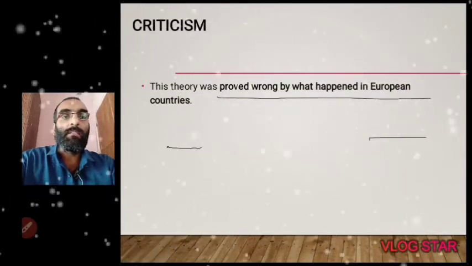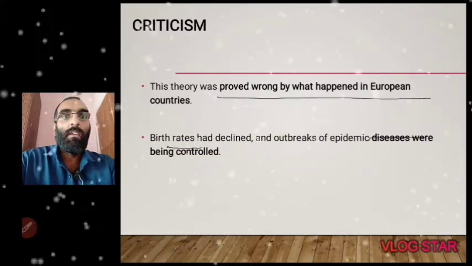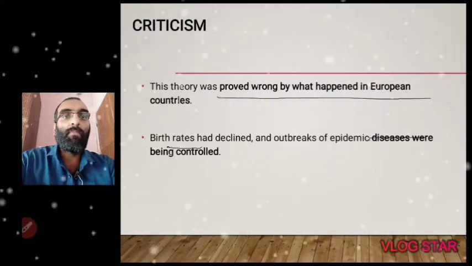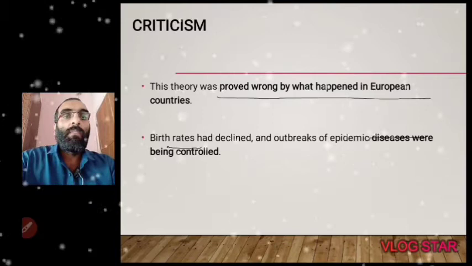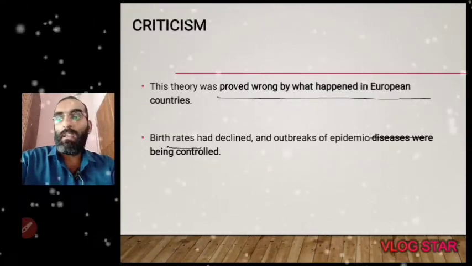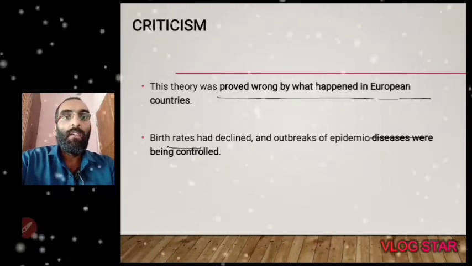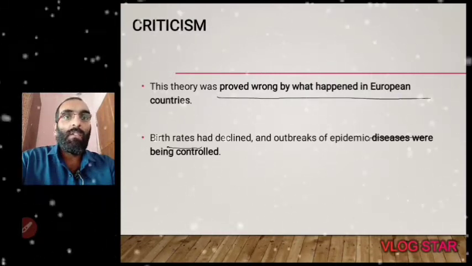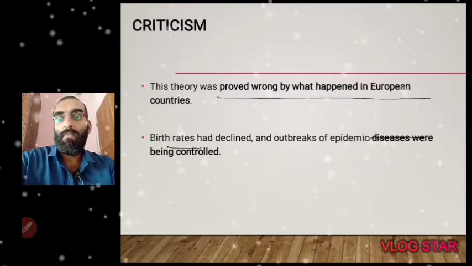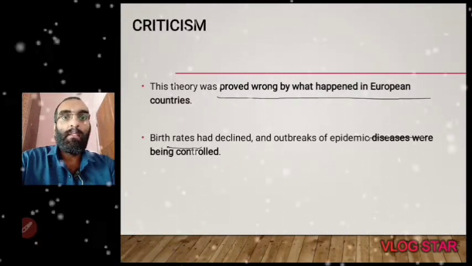Criticism against this theory: it was proved wrong by what happened in European countries. Many European thinkers and social scientists criticized this theory as wrong, because what was happening in Europe did not support it.